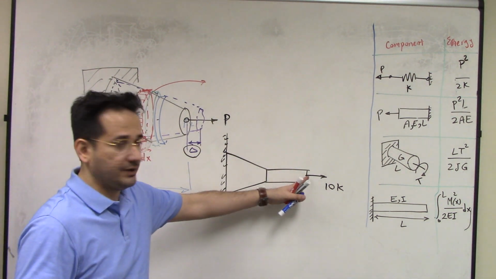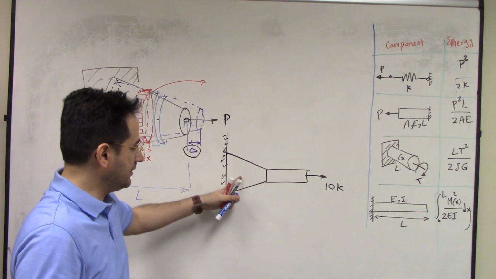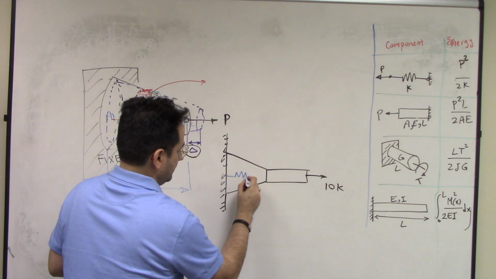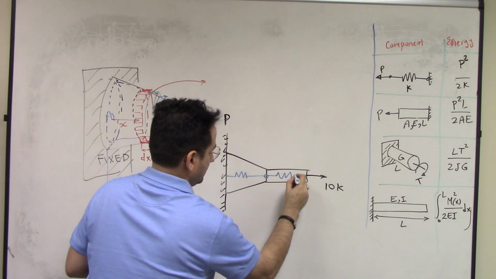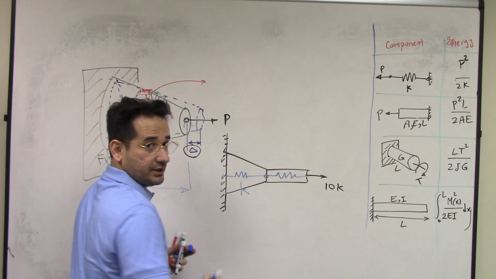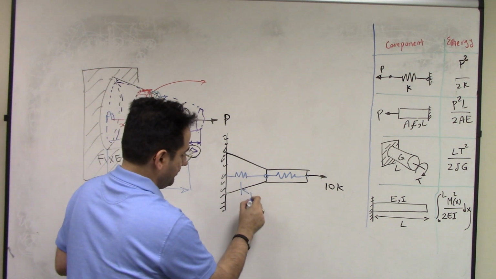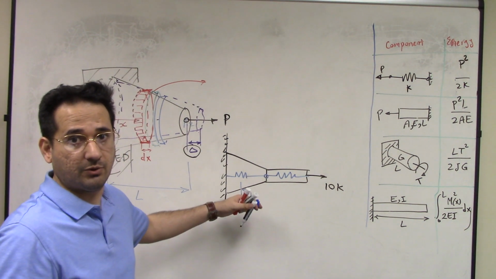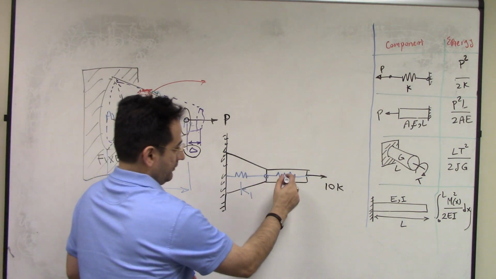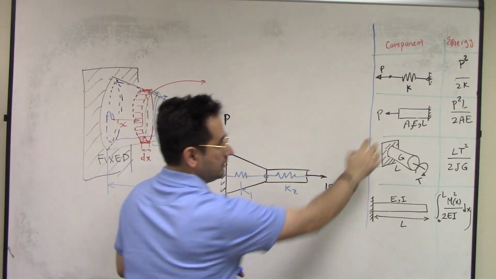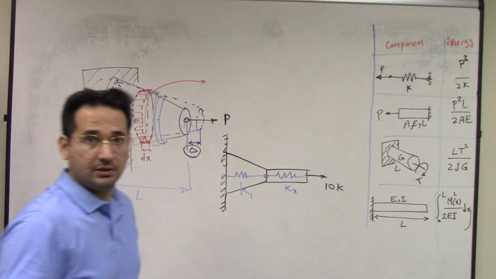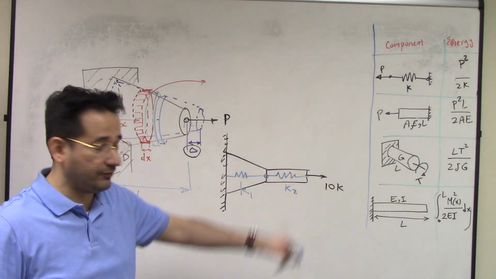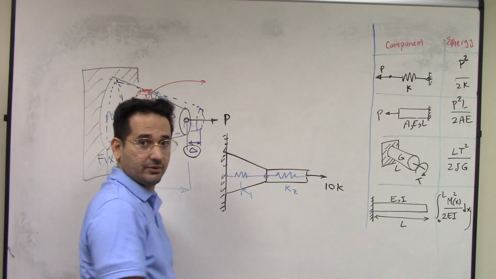Now if I want to find deflection here, I can say this is one spring, series connected to a spring 2. So you have a formula for this coming from the energy method, K1. The spring constant of the tapered beam comes from the energy method. You get it in problem number 1. For K2, it's just a bar. This is the formula. So you can find the equivalent spring. Very quickly you can find the deformation. You don't need to do all the integration from scratch.